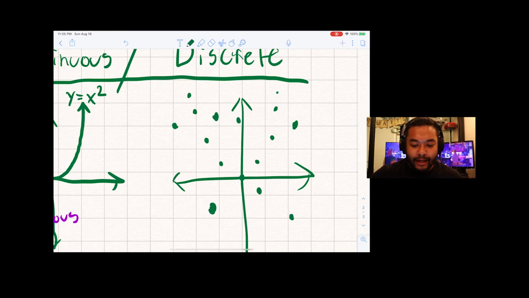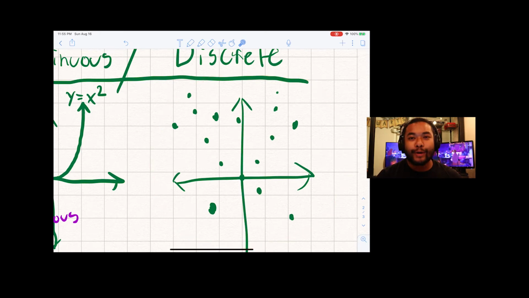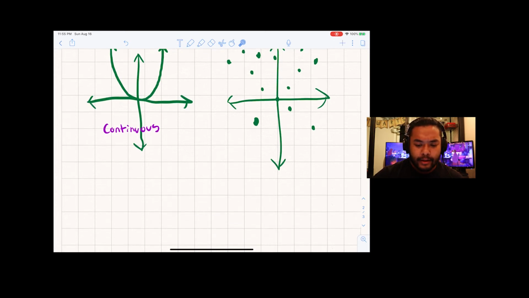This whole thing is discrete. It's a discrete set of coordinates, and that's some of the functions or non-functions that we're going to be looking at. So, continuous and discrete. Can we tell the two apart? I think it's pretty straightforward.